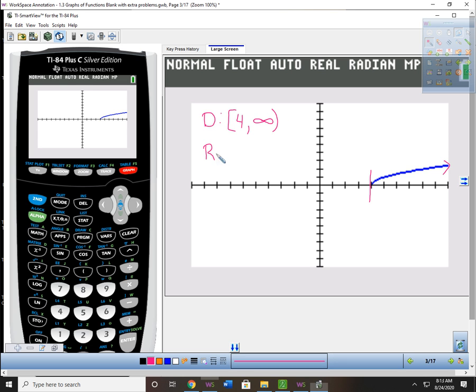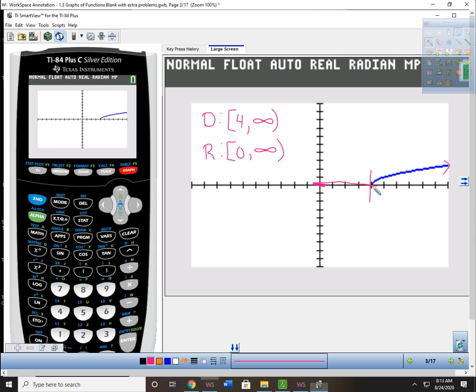Now for your range, that's how low. This graph starts right here, which is a y value of 0. And it's going to keep going up and up gradually. So we'll say positive infinity. So my domain, x values, left to right, starts at 4 and goes to positive infinity.